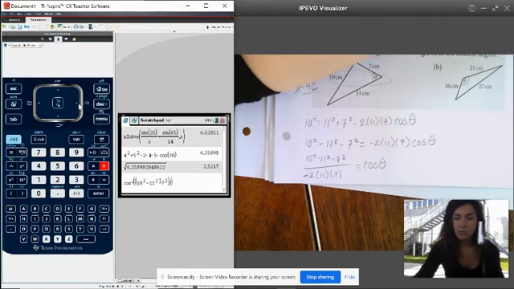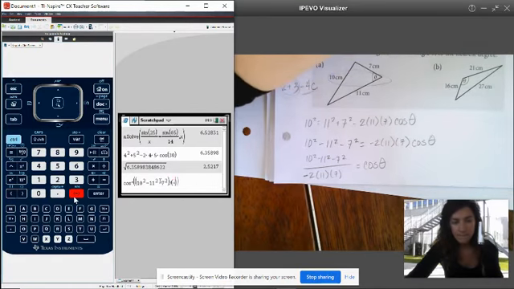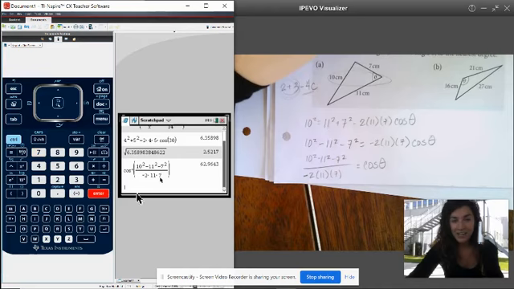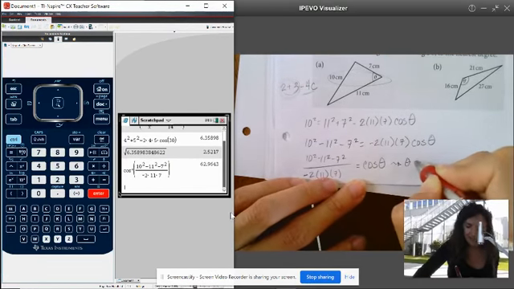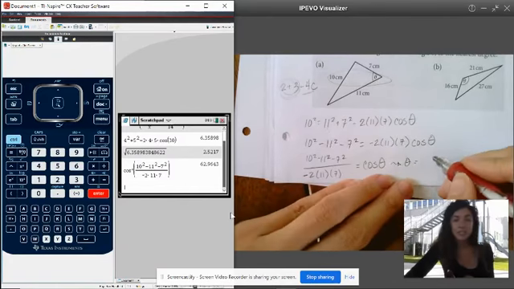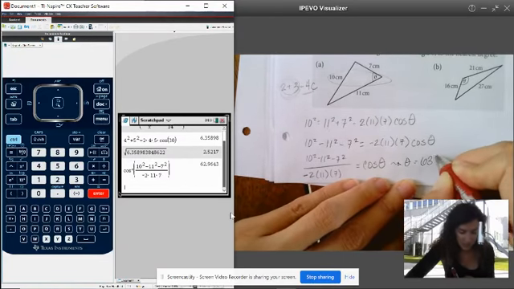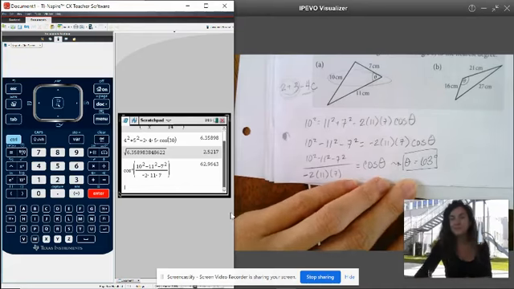Get out of the numerator, divide, parentheses for the denominator, negative 2 times 11 times 7. And now I hit enter, and you get that theta is equal to, to the nearest degree, 63 degrees.